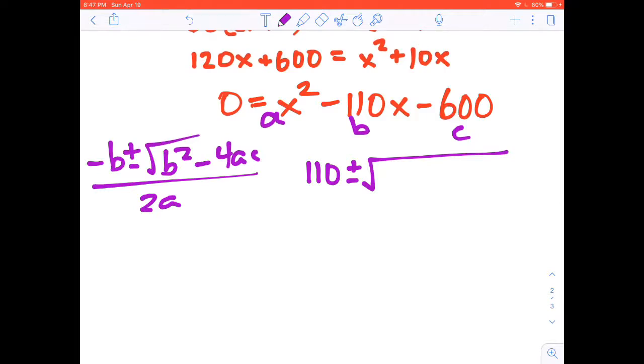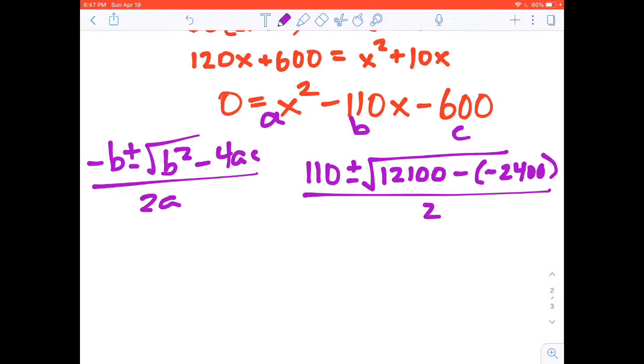Put it in my calculator, 110 squared, we get 12,100. Minus 4 times 1 times negative 600. So 4 times 1 is 4, times negative 600 is negative 2,400. All of that over 2a, which is just 2 times 1, which is 2.